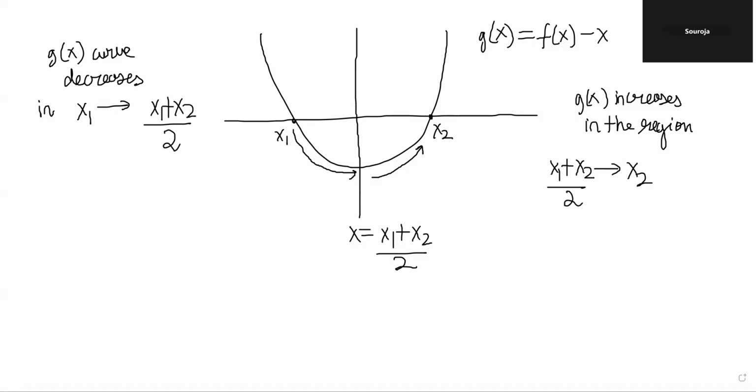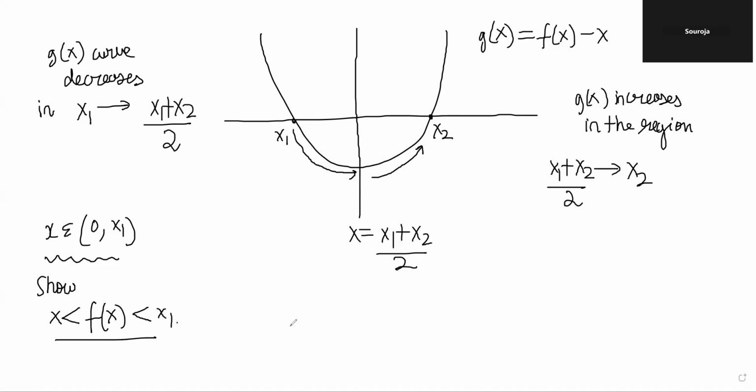Now, the first part of the question is asking us to show that when x belongs to 0 to x1, we have to prove that x is less than f(x) is less than x1.